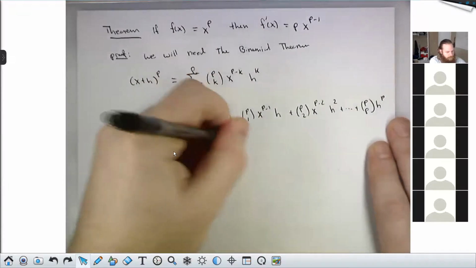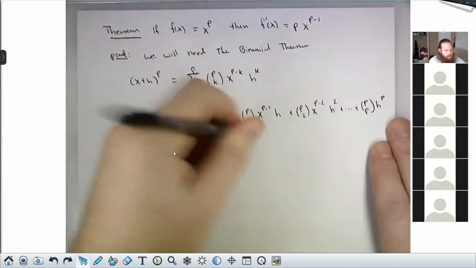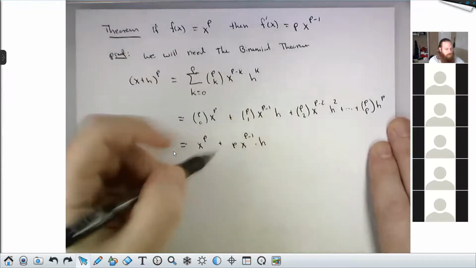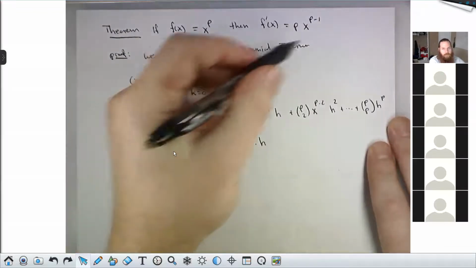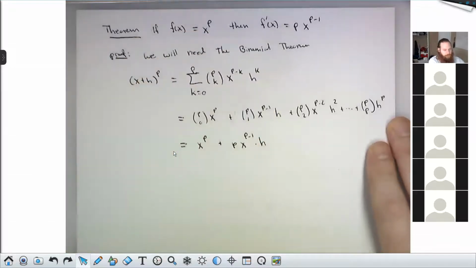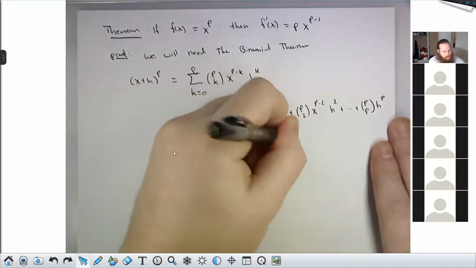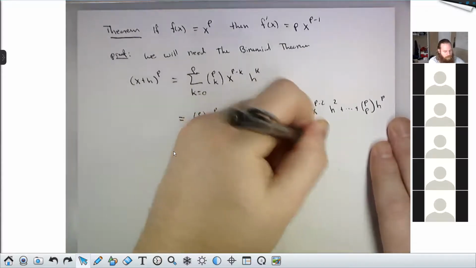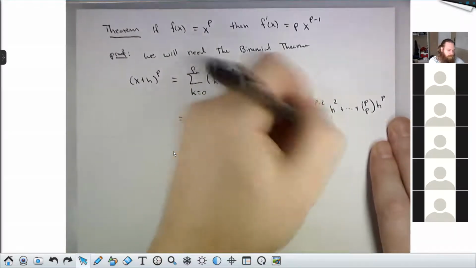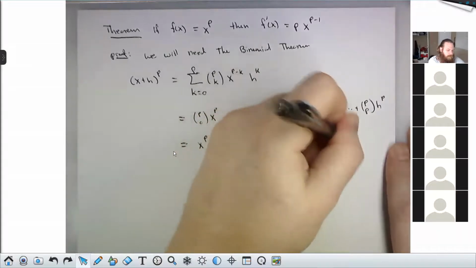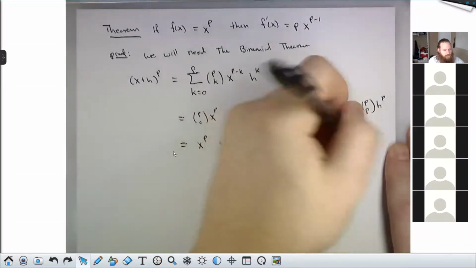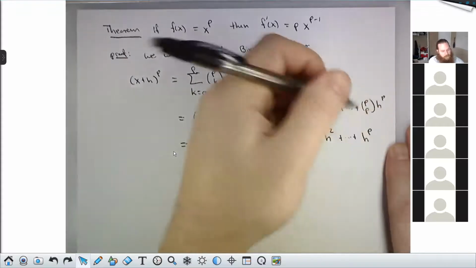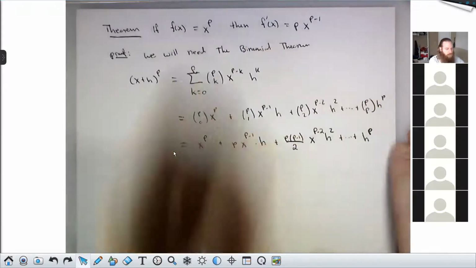So this is p times x to the p minus 1 times h. And you see this piece looking relevant. P choose 2 is p times p minus 1 over 2. So that next term is that times x to the p minus 2 h squared. And every other term in here has h's in it. This last term is h to the p. P choose p is also 1.